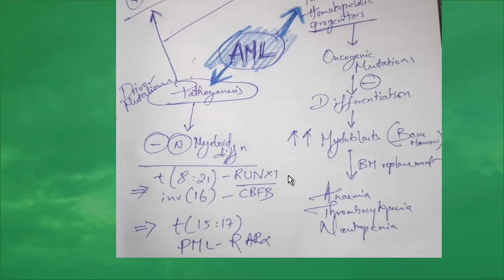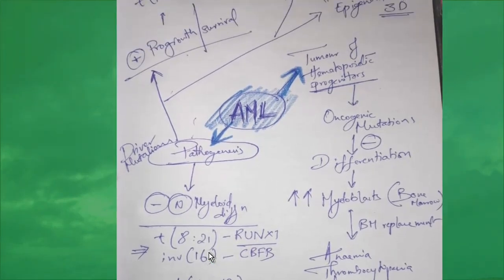A chimeric protein is a protein derived by combination of two different types of proteins. This chimeric protein inhibits myeloid differentiation. Another important one is translocation 15;17, which produces a PML-RARA chimeric protein. It is seen in AML M3 or APML, acute promyelocytic leukemia.